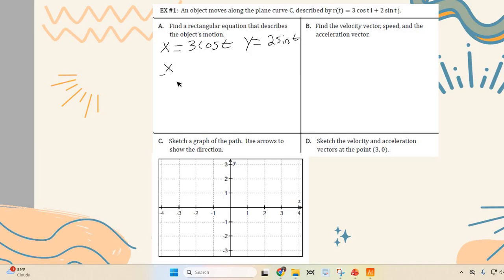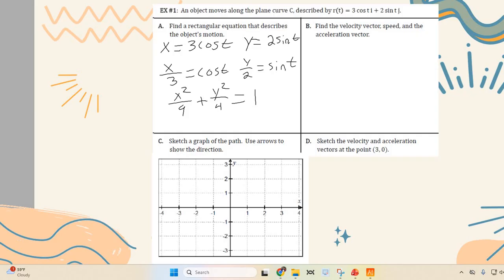No. So what did we say our other option is? Remember, this is where we use our sine squared plus cosine squared equals 1. So we're going to get x squared over 9 plus y squared over 4 equals 1.